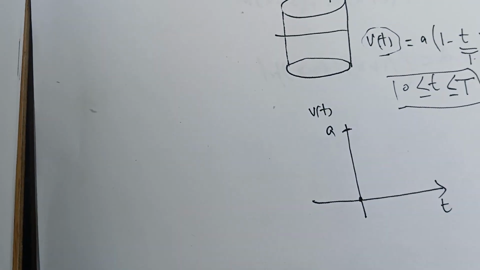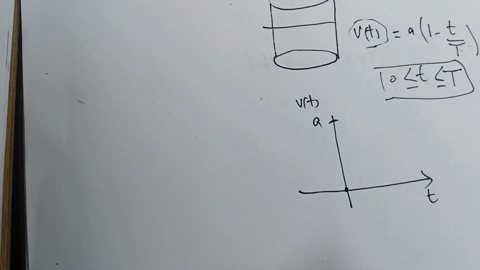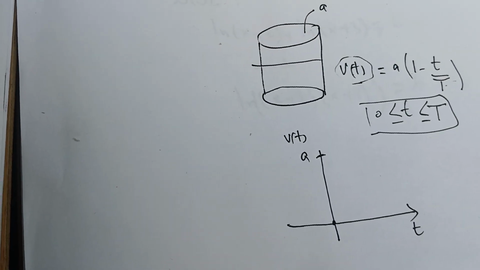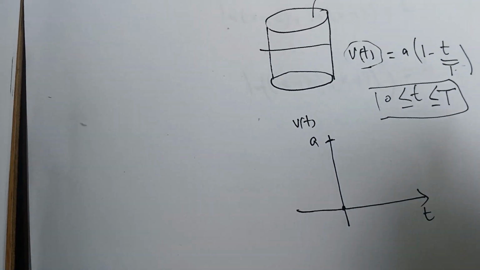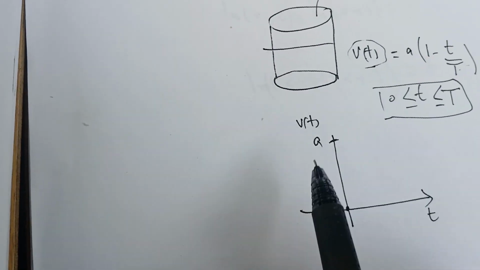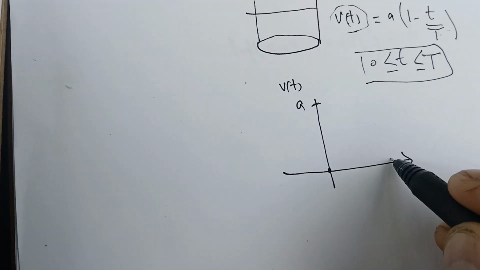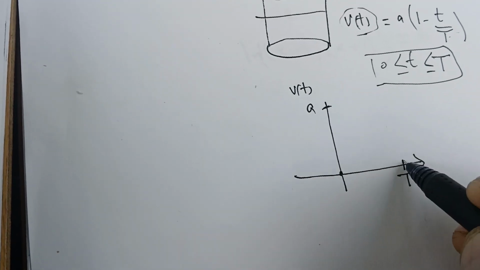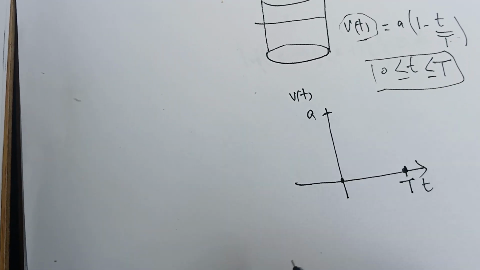When we finish draining the tank, that will happen at what time? At time equal big T. So let's say this is our big T. What's the amount of water there? Nothing, 0. So the amount is here.